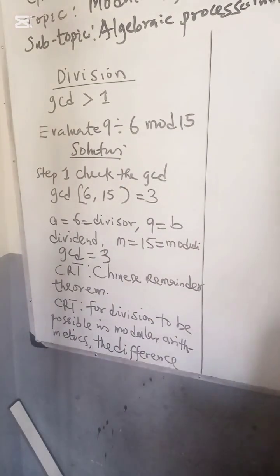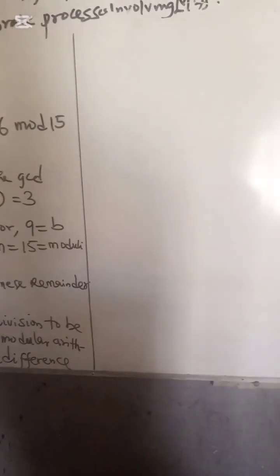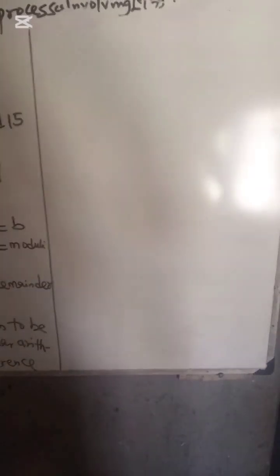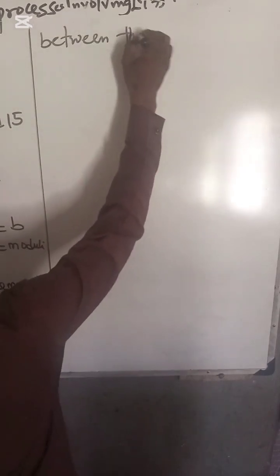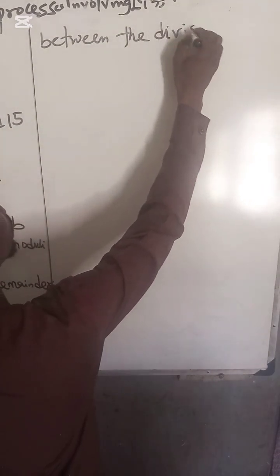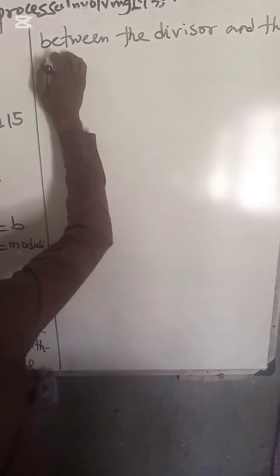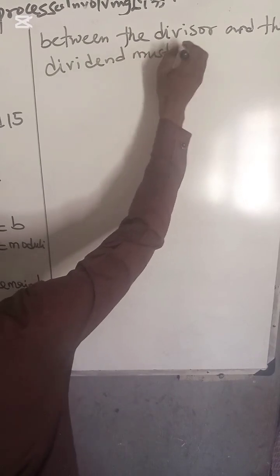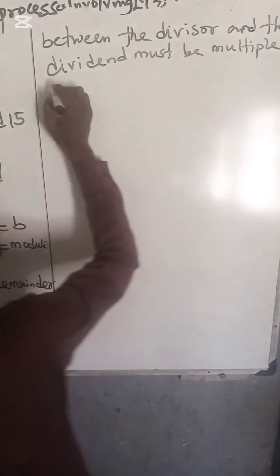permit me to change to that side of the board. The difference between the divisor and the dividend must be a multiple of the moduli.